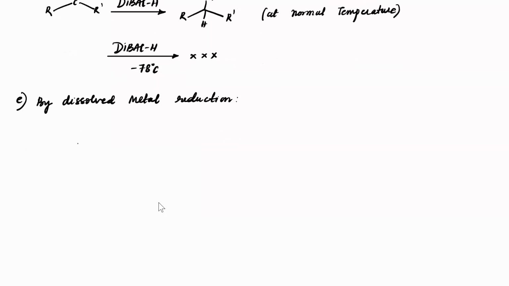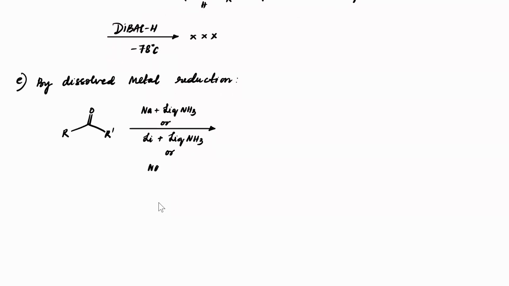See, in case you have a ketone here like this, with R and R dash, and you react with sodium plus liquid ammonia, which we usually call Birch reduction, or lithium with liquid ammonia, or you can have sodium in ethanol.